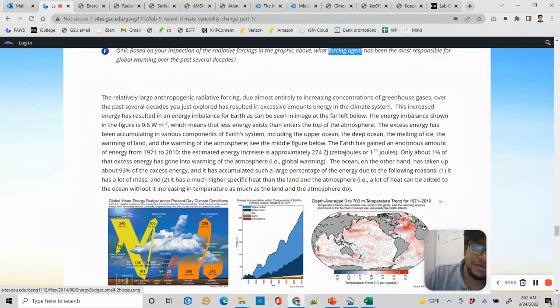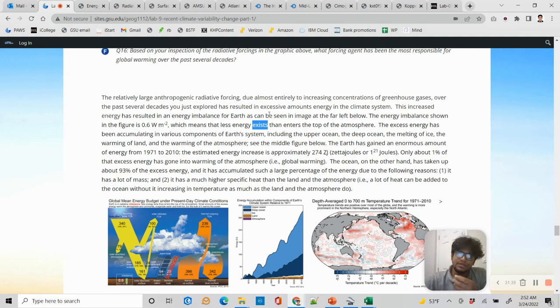There is a description about it. 0.6 means that less energy exits than enters the top of the atmosphere. There is a printing mistake there, it says exists, but it should be exits. So, for example, if 100 points of energy enters the atmosphere, 99.4 actually exits, but 0.6 stays there. That is the imbalance, which increases the temperature here.